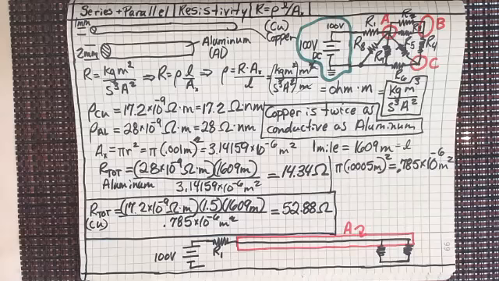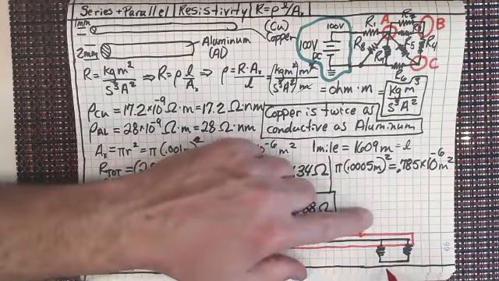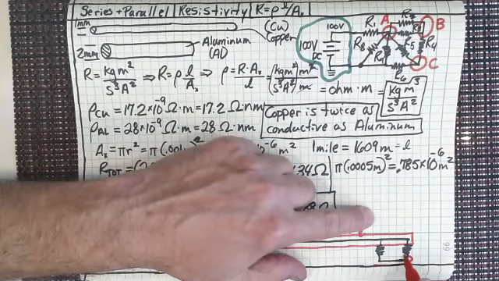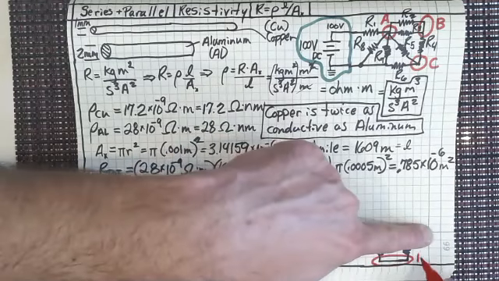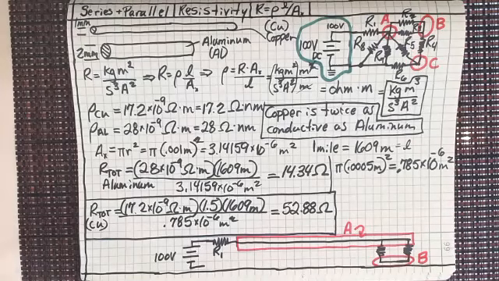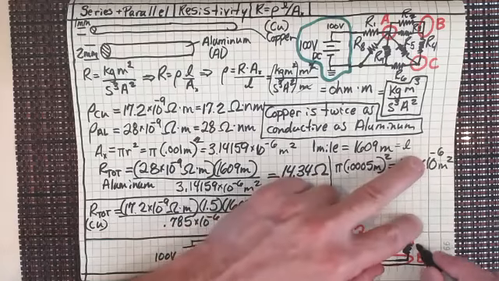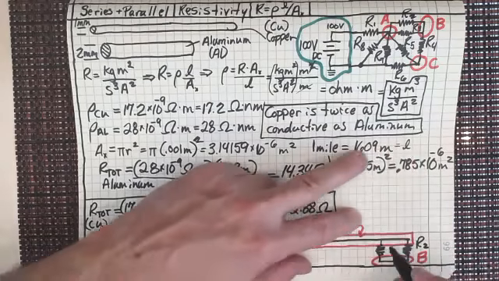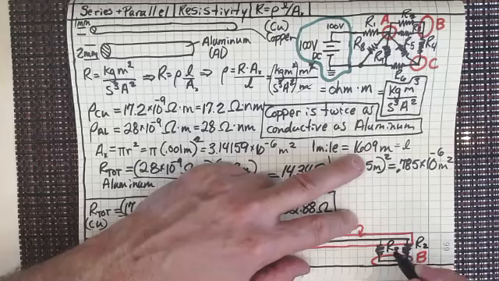Now we have node B. So let's draw node B in there. Right, that's node B. And what are those two resistors? Well, that would be R2 and R3. So R2, R3.